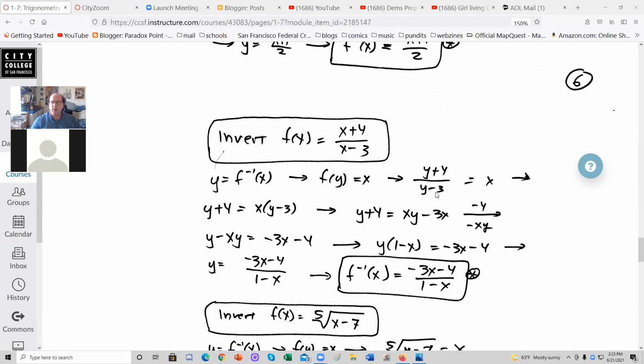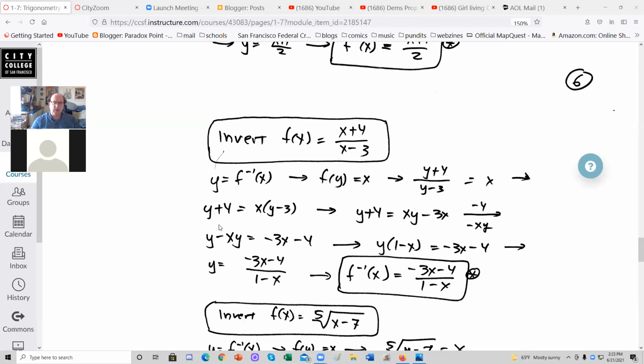We'll get rid of the division sign by multiplying both sides by y minus 3. So y plus 4 equals x times (y minus 3). Then you distribute the x. y plus 4 equals xy minus 3x. We'll move the 4 to the right by subtracting it from both sides. We'll move the xy to the left by subtracting it from both sides. So after that algebraic maneuver, you get y minus xy equals negative 3x minus 4.